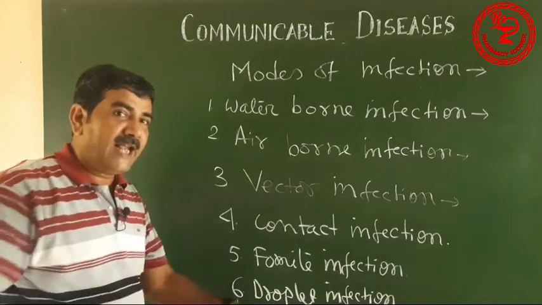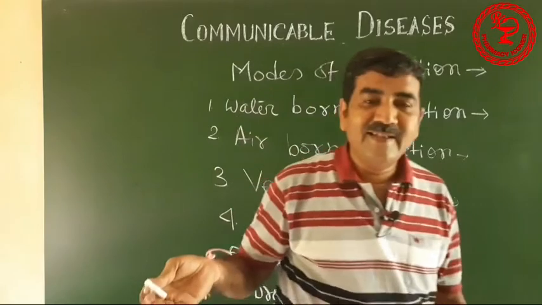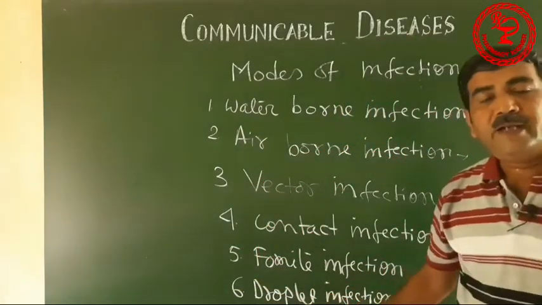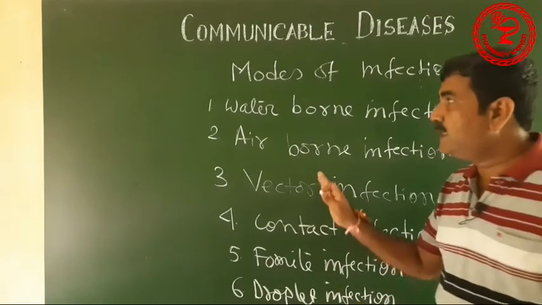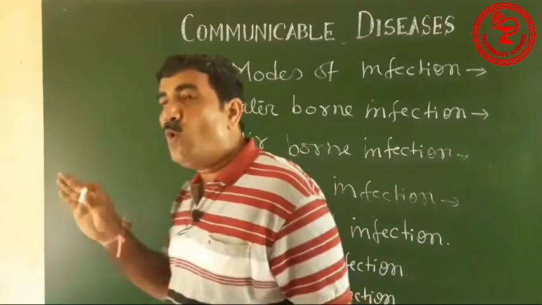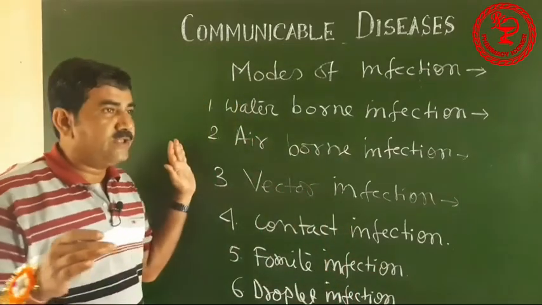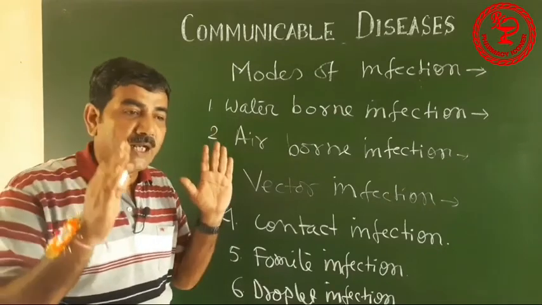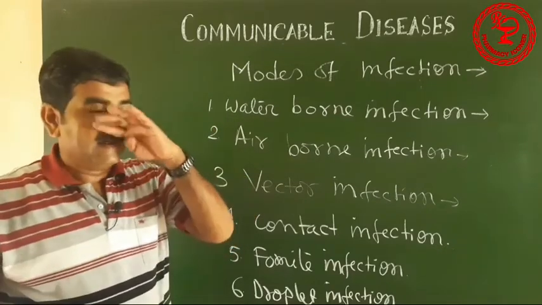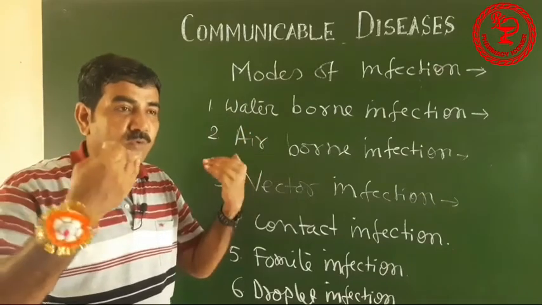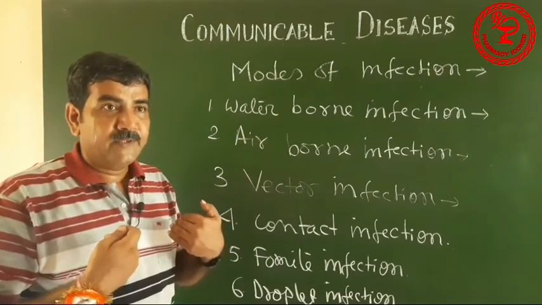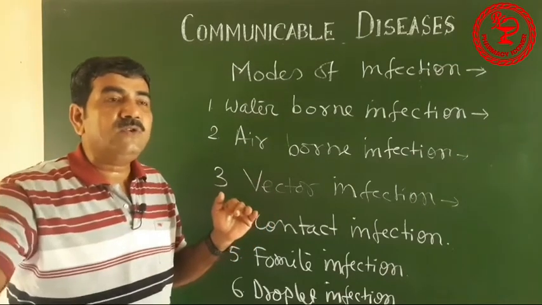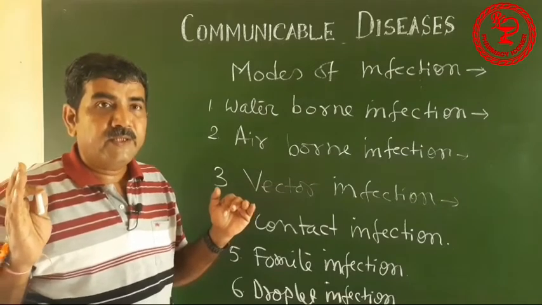Droplet infection: currently the coronavirus and influenza are transmitted through droplet infection. So these are the different modes of infection through which microorganisms are transferred from one person to another. The person who has the disease is the host. From the host it is transferred to a new person.